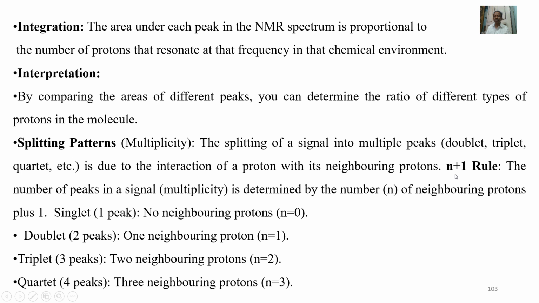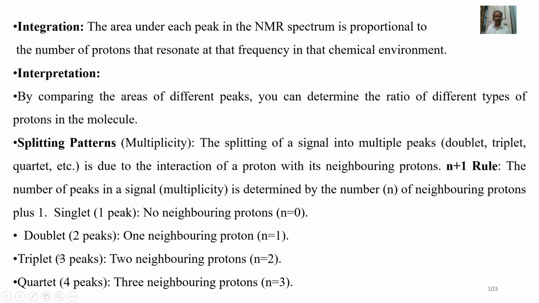N+1 rule. The number of peaks in the signal, that is multiplicity, is determined by the number of neighboring protons plus 1. Singlet, that means only one peak, no neighboring protons, when n equals 0. Doublet, there exist two peaks, one neighboring proton, that is n equals 1.